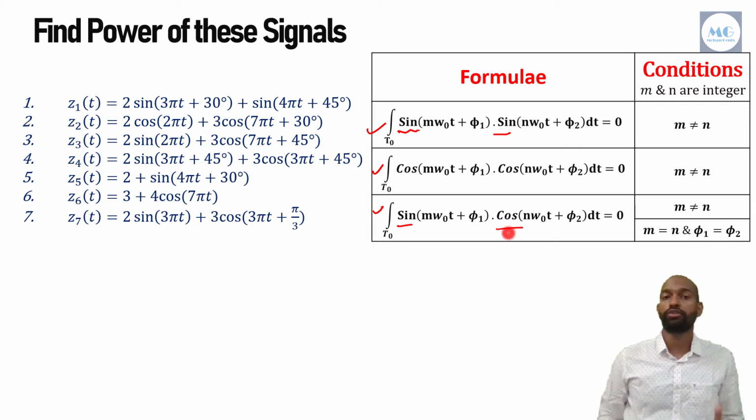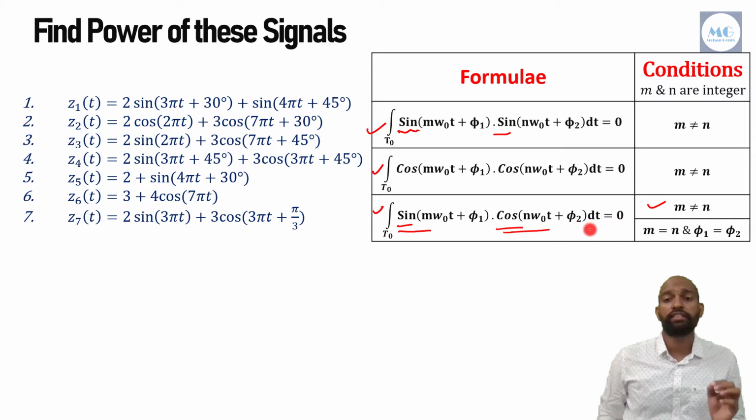That leads us to the third formula, which is a mixture of sine and cosine functions. The first function is sine and the second function is cosine: sine(m omega naught t plus phi 1) into cos(n omega naught t plus phi 2). Now for this one the condition is the same, that m is not equal to n. m and n are obviously integers.